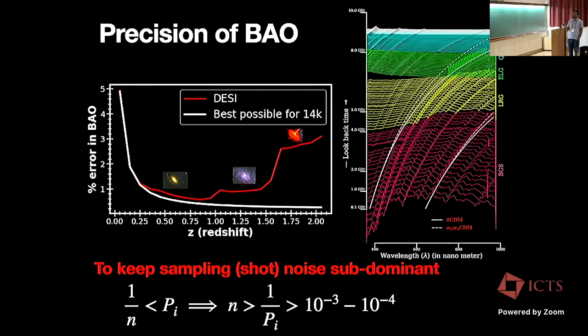Then you can go to higher redshift and you can measure what are called luminous red galaxies. And you can go to even higher redshift and observe emission line galaxies which have this O2 doublet. And you can go to even higher and measure quasars and Lyman alpha. So why this sort of strange thing? The reason for that is the exposure time and our instrument. We can measure these things for 5 minutes.